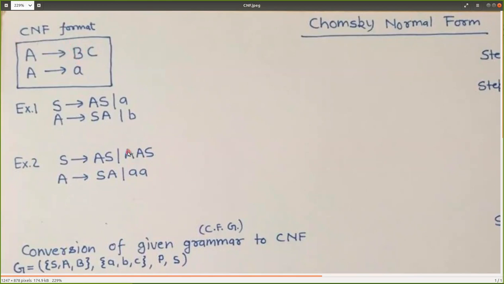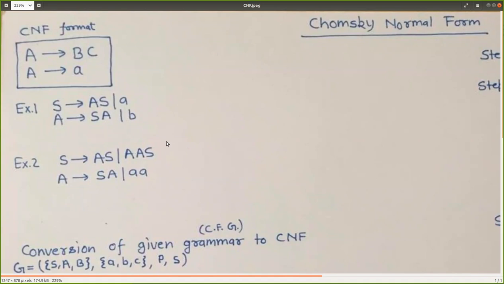So due to this production, S produces AAS, this grammar is not in CNF format. Apart from that, capital A produces small a small a, two times small a. This production is also not in this format. So due to these two productions, our given grammar is not in Chomsky normal form.